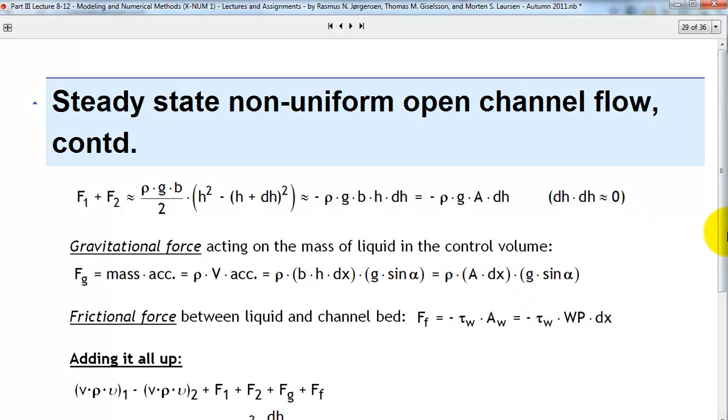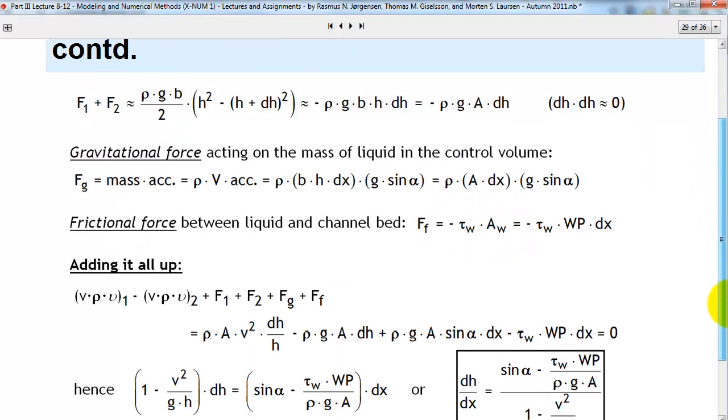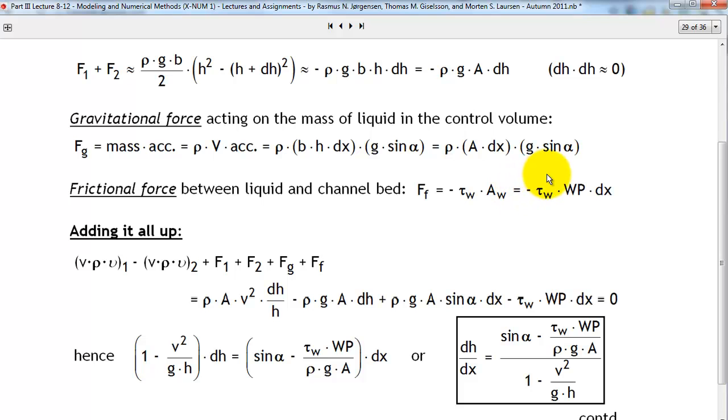And we need the friction, and as I said, the friction was tau, I think it's called, and you have the wetted perimeter. That's, if you say there was a channel, so that's the length of it, multiplied with delta x, and that gives an area.